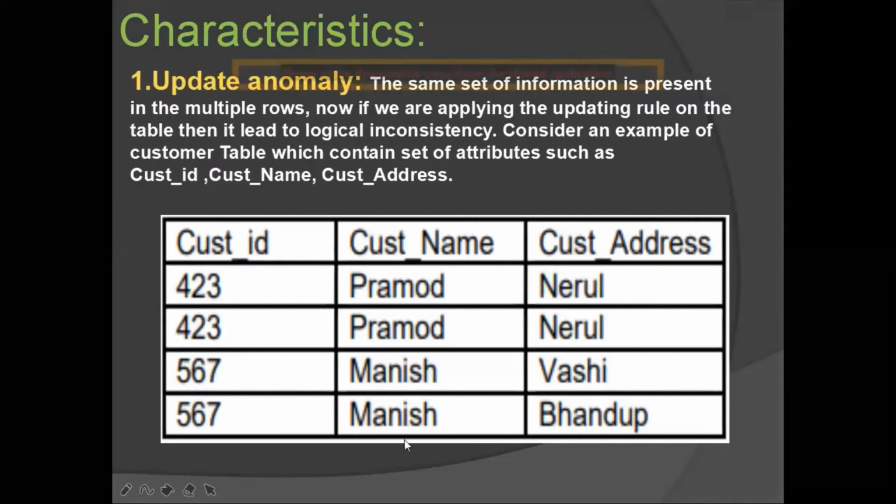For now we have not applied any normalization to this table. This is a normal table where there is repetition. So let's check how anomalies or problems occur in your database with repeated values.